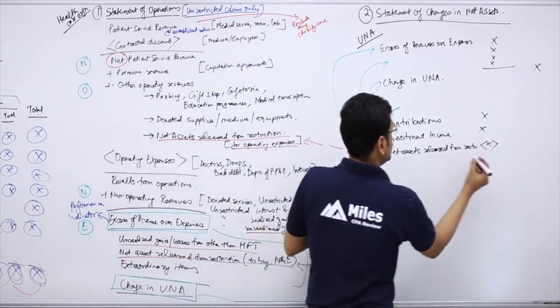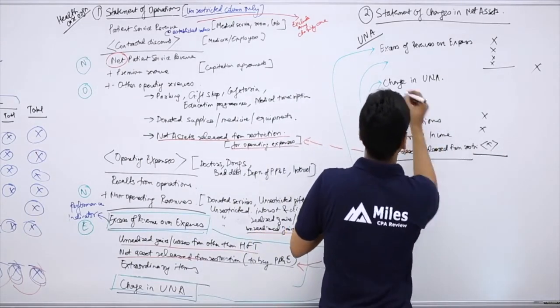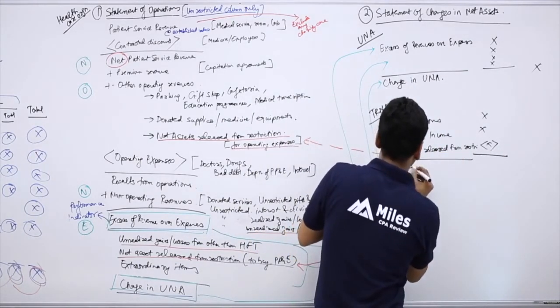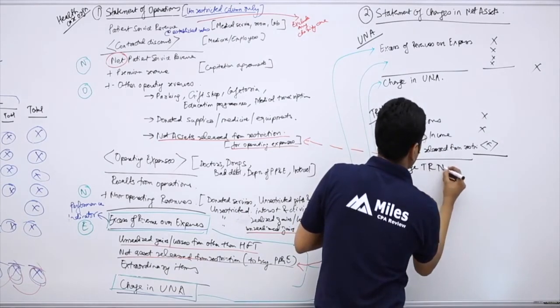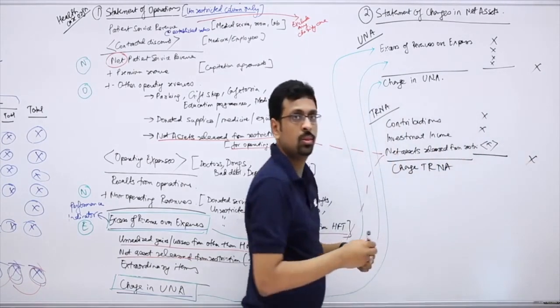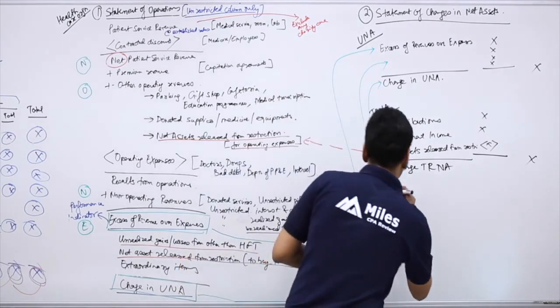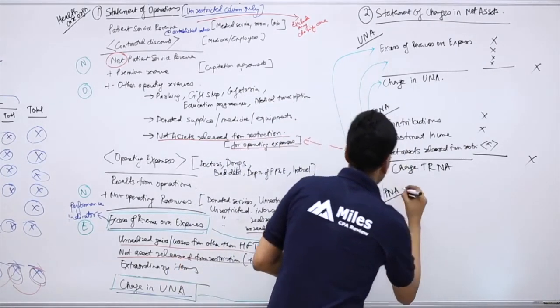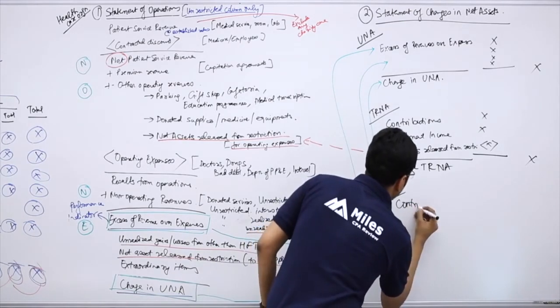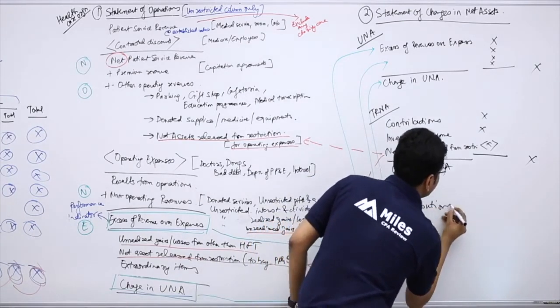This gives you the change in temporarily restricted net assets during the period. Then we are looking at the permanently restricted net assets. So let's say we have some contributions which were permanently restricted.